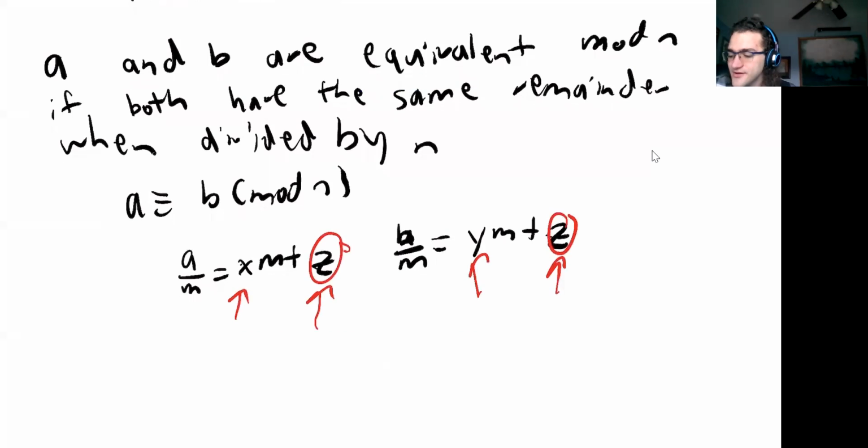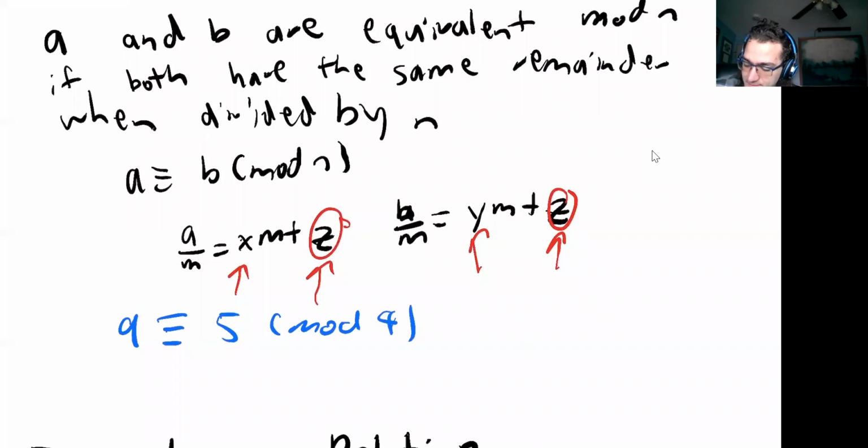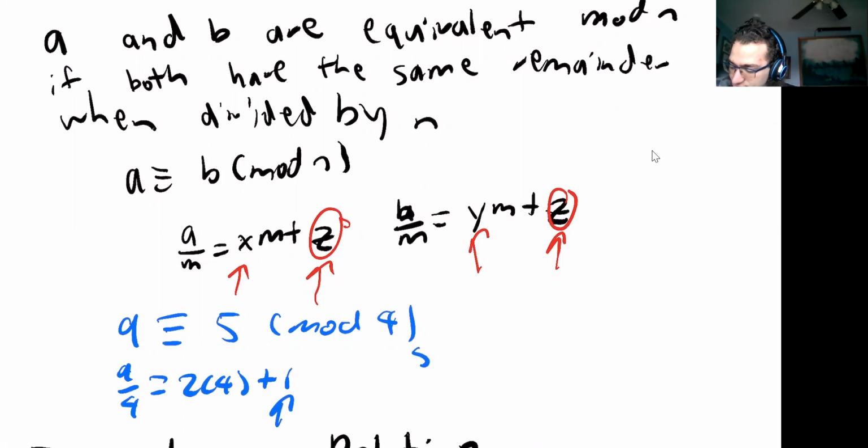As an example, I could say that 9 is equivalent to 5 mod 4, because when I divide 9 by 4, that's equal to 2 times 4 plus 1. And when I divide 5 by 4, that's equal to 1 times 4 plus 1.